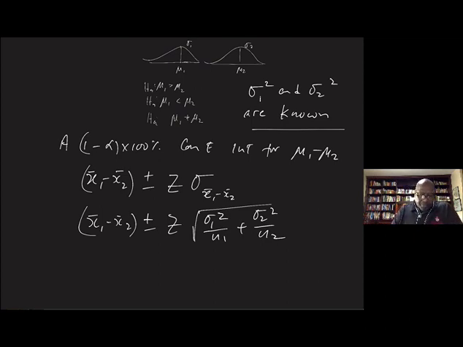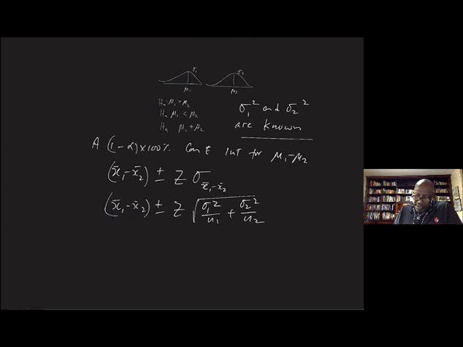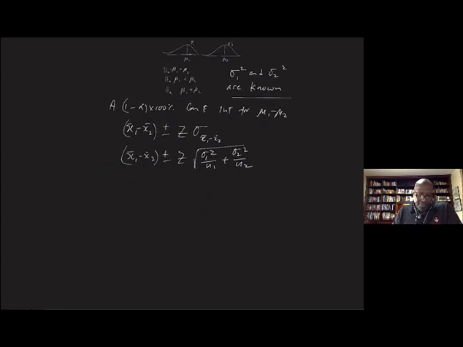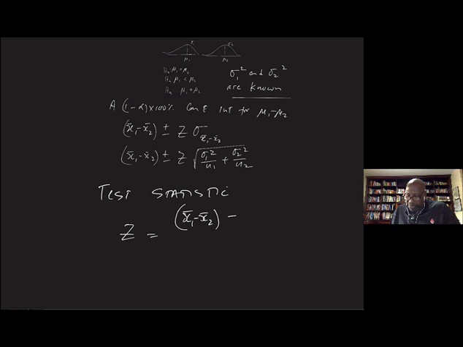The test statistic now, if we're doing a hypothesis test, would simply be this. It would be Z, of course, because we know the population variances. And if you recall the format of all of the test statistics, it was always the point estimate minus the population mean. So that gave us the sampling error, mu1 minus mu2.